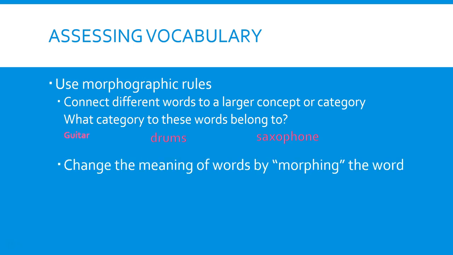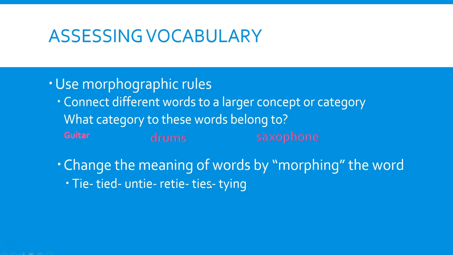Another way is to have students change the meaning of words by what's called morphing the word. So we can take a word like tie. If we add a D to the end of tie, it becomes tied. It changes its meaning. If we add a prefix to tie, the prefix un, that changes the meaning of the word tie. If we add the prefix re, that changes the meaning.